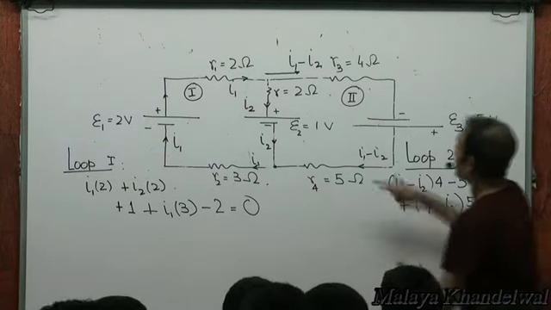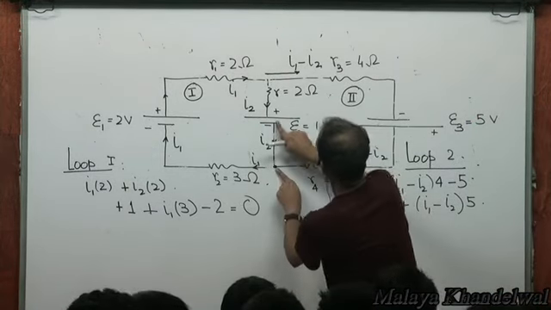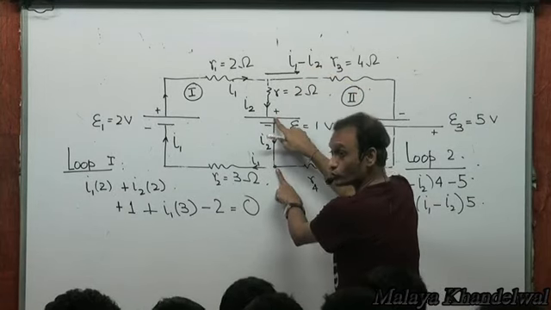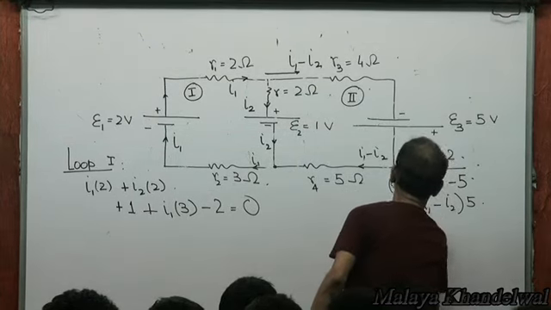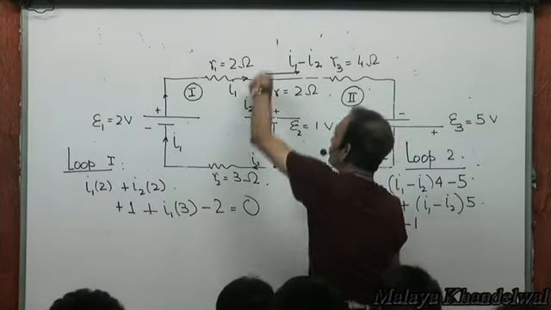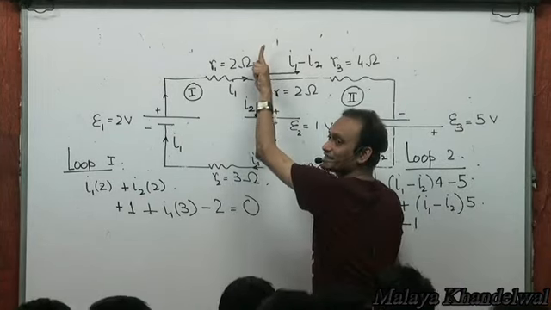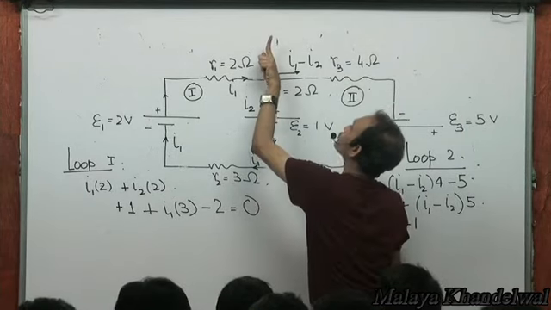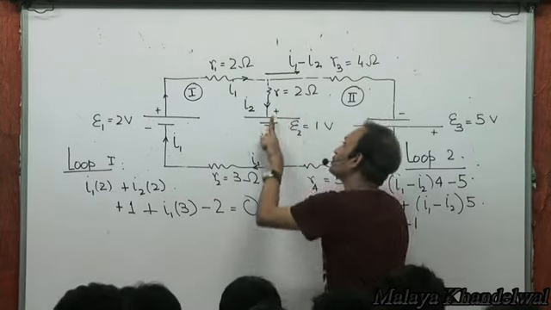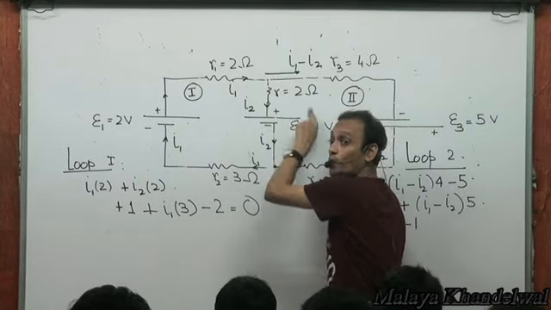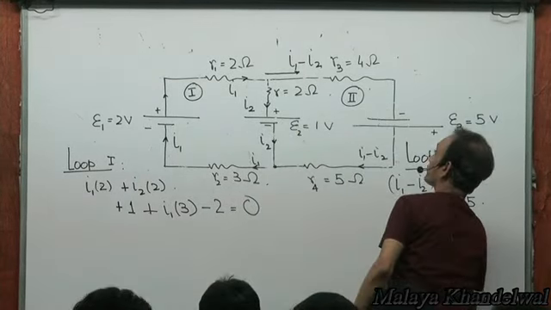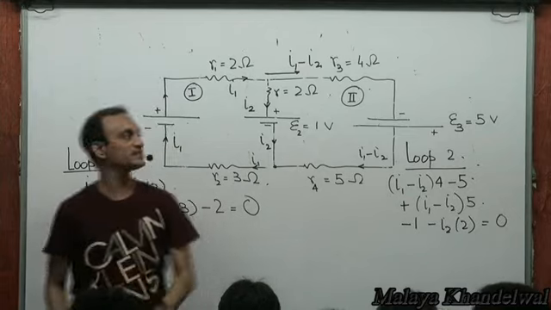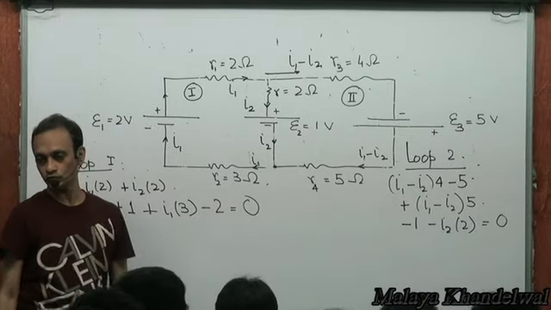And then go this way, circulating this loop like this. From here to here there is an increase of 1 volt, so minus 1. And I2 this way is the same as minus I2 like this, so the drop here is minus I2 into small r, and this must be 0. That's KVL applied to loop 2. Yes or no?